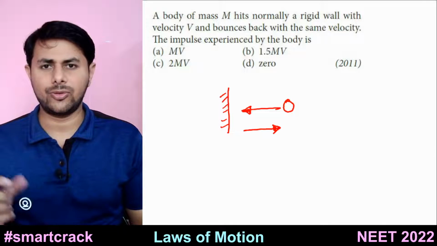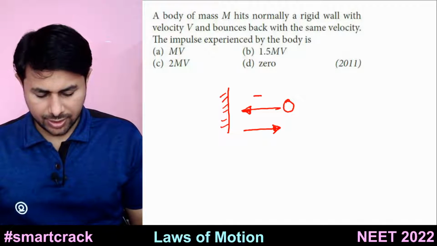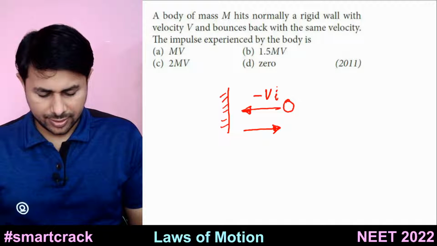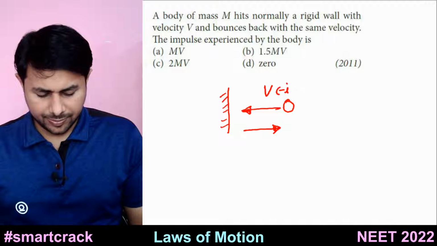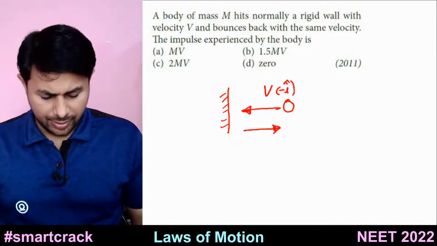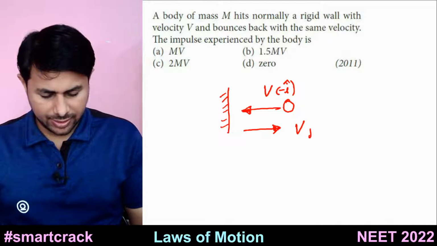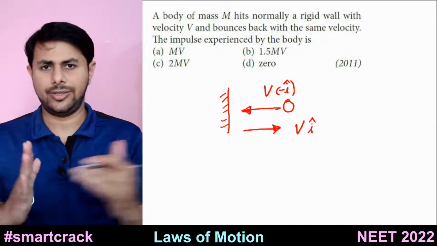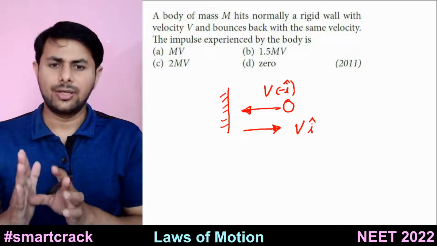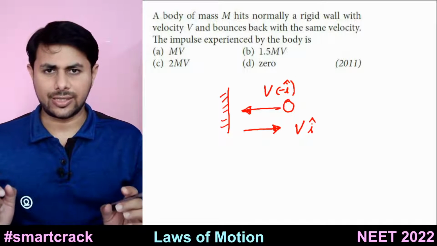But if you think about the velocity, the initial velocity will be v times minus i cap. The final velocity will be v times plus i cap, because the initial one is in the negative x-axis direction, the final one is in the positive x-axis.